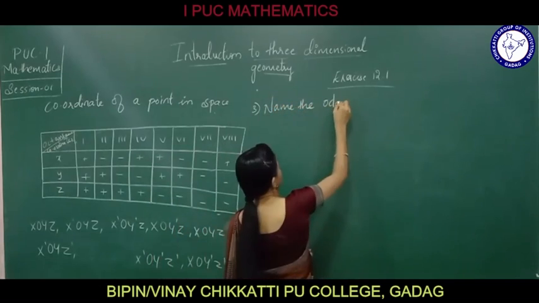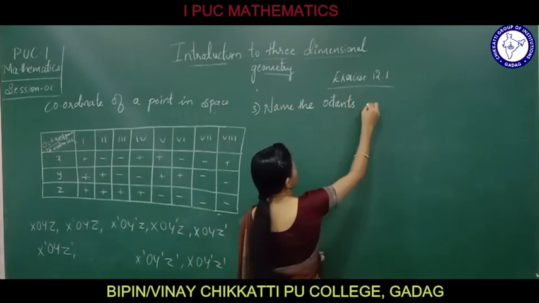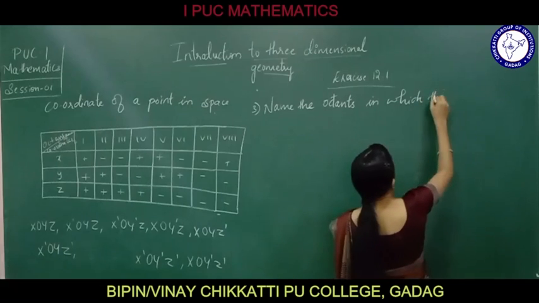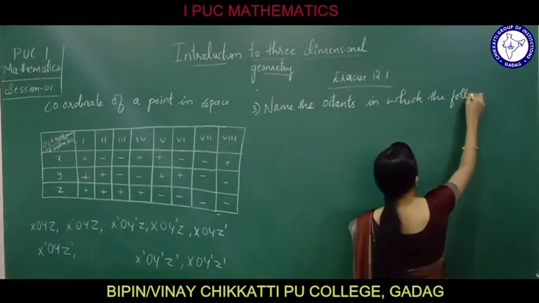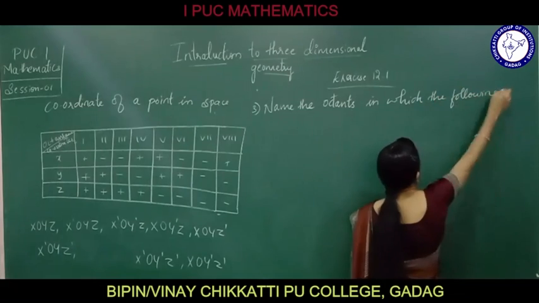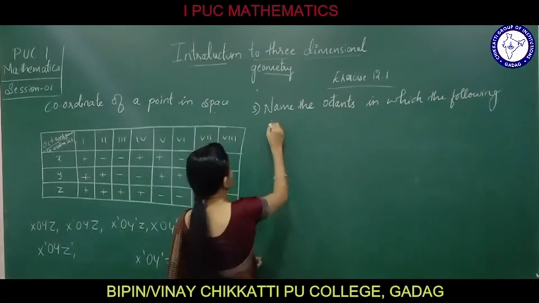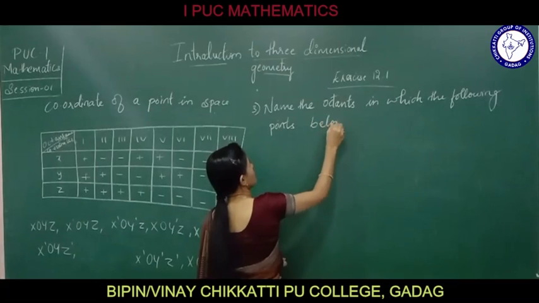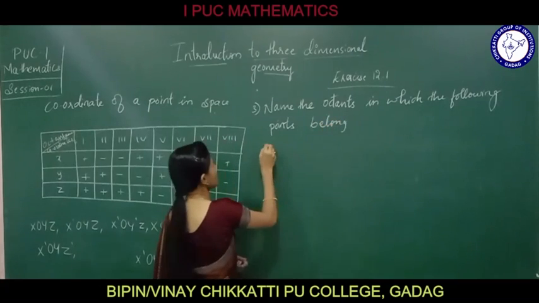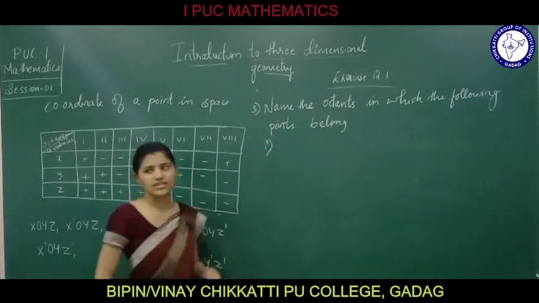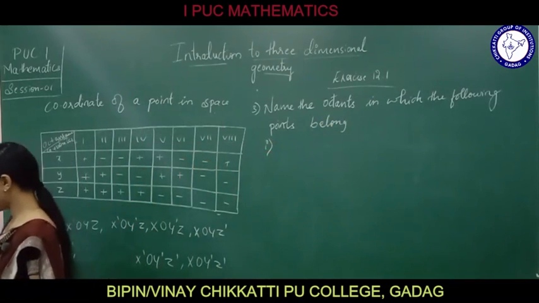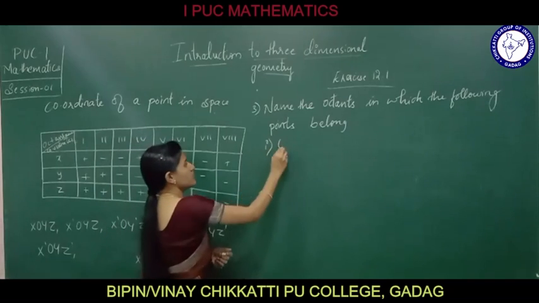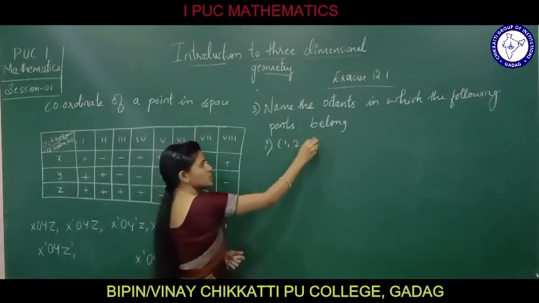Name the octants in which the following points belong. Okay, among that what is the first one given? The first one they have given is 1, 2, 3.